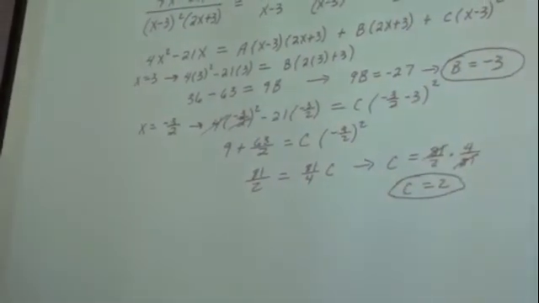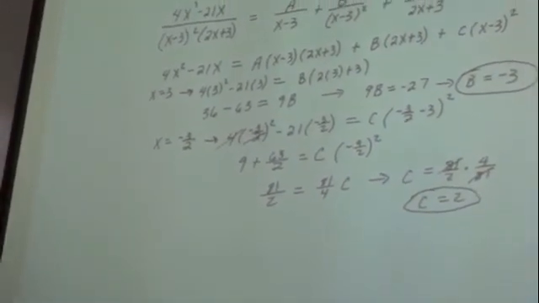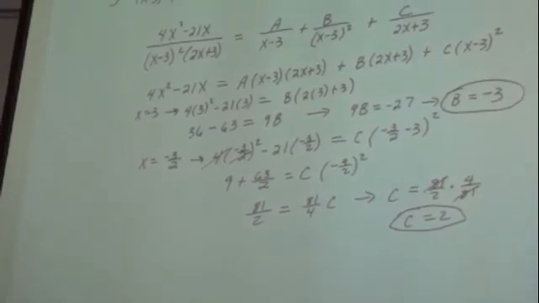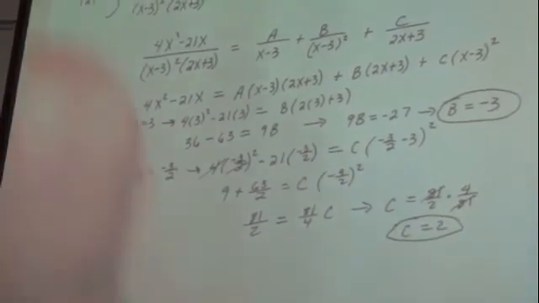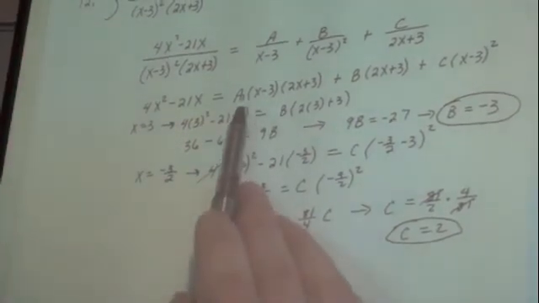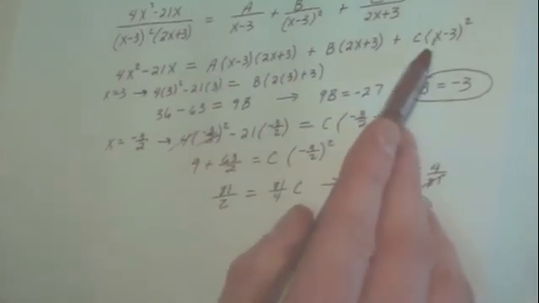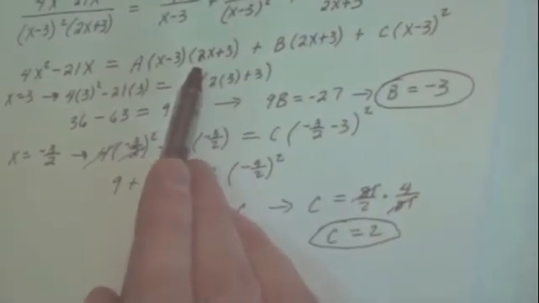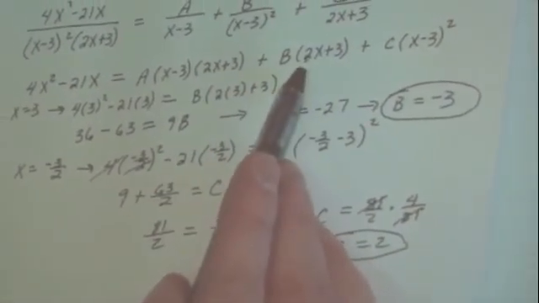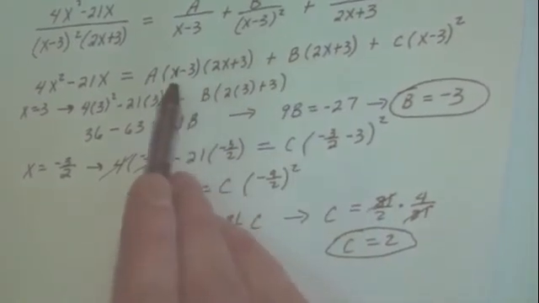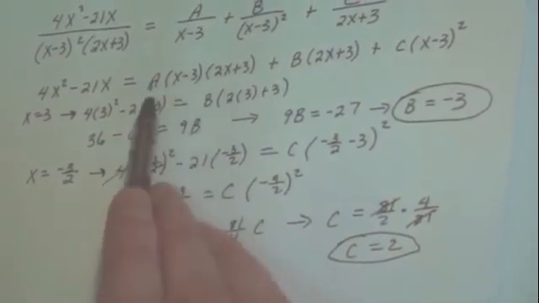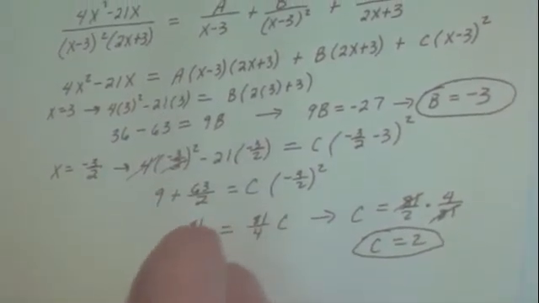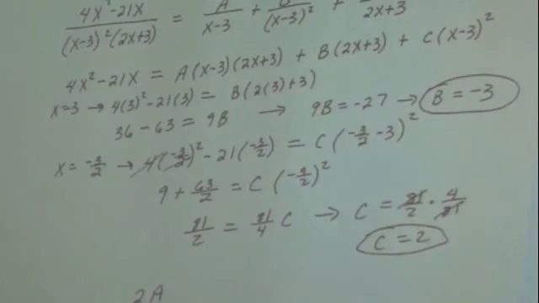So I have A, I have B. Sorry, no, I don't have A, darn it. So I have B, I have C. Now I need to find A, and all I would need to say is that I know that A and C are the only coefficients of an x squared term I would have. B cannot equal a coefficient of x squared. Over here, if I multiplied my x terms, I would get 2x squared times A. So I can say 2A is a coefficient of x squared.